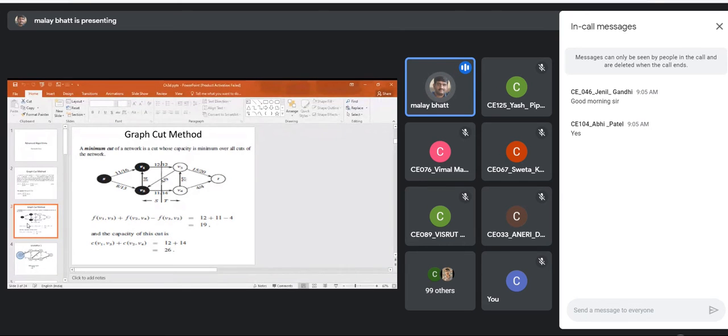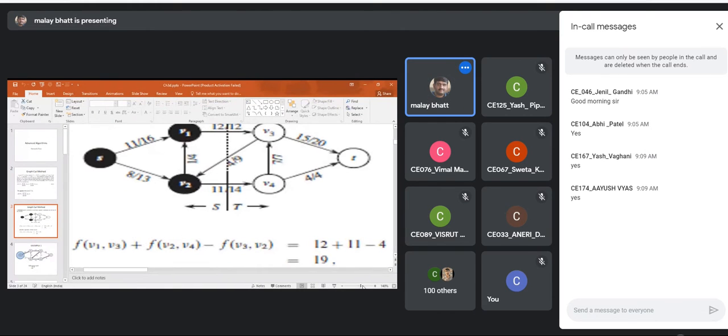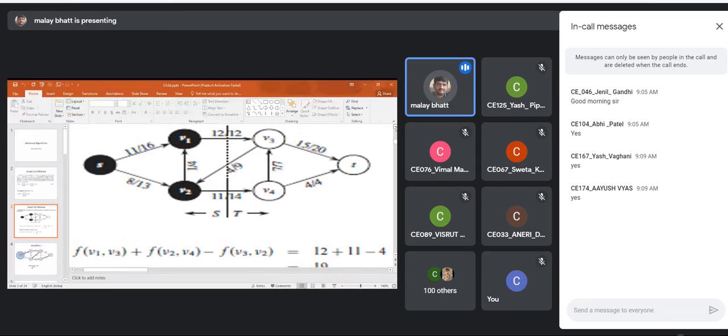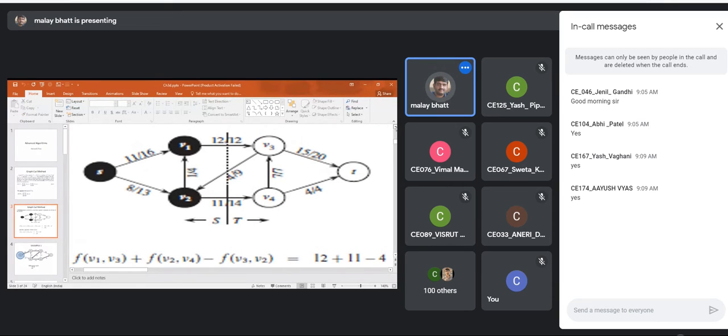You can see the inflow to this capital S is only 4. It is 12 outflow from the node S, I am talking about capital S, having three nodes S, V1 and V2.